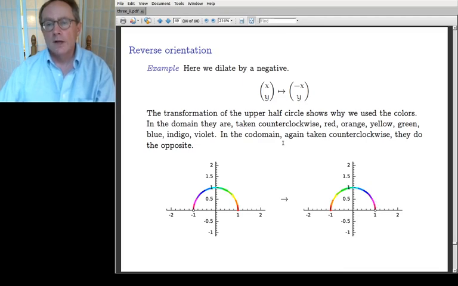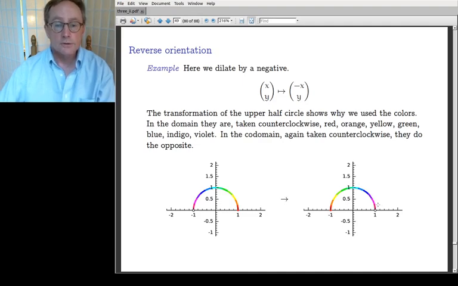That is to say that multiplying x by -1 changes the orientation by which you traverse this circle from counterclockwise to clockwise, as t, the parameter, the angle, goes from 0 to pi. First we were counterclockwise, now we're clockwise.